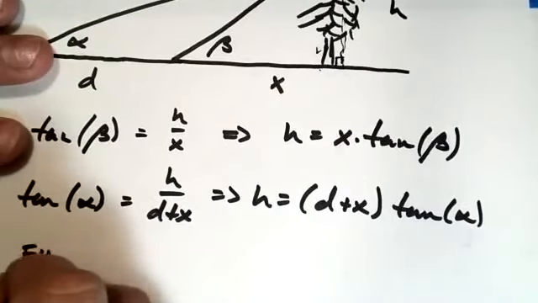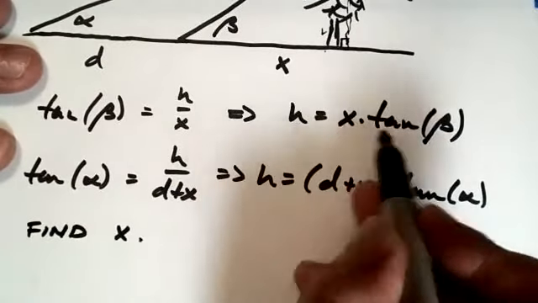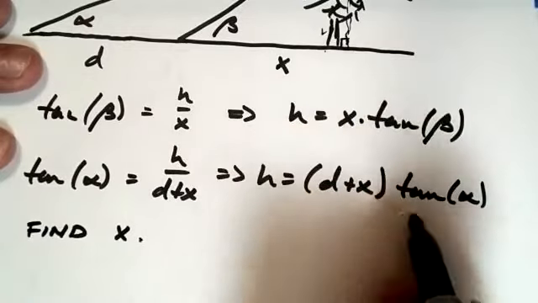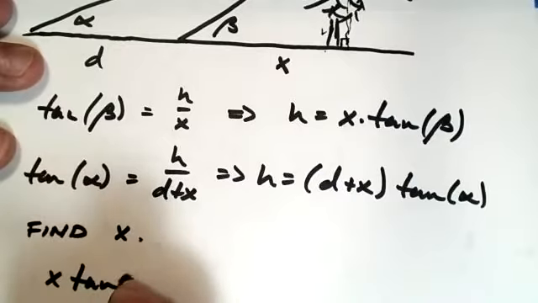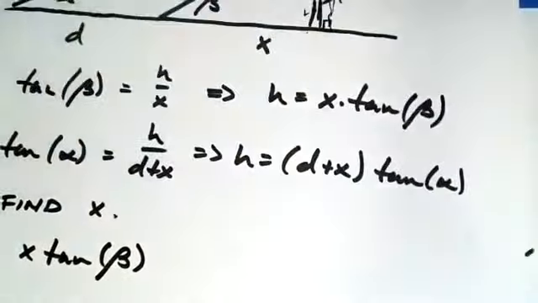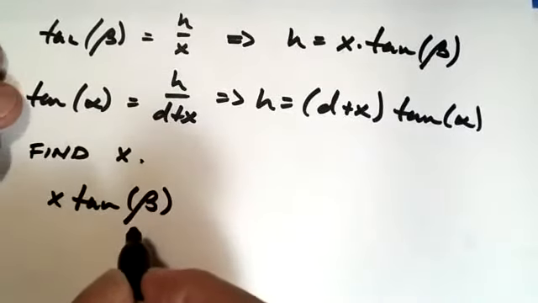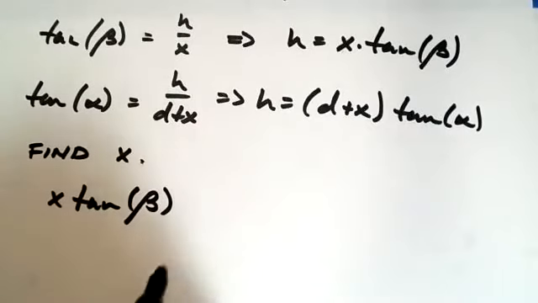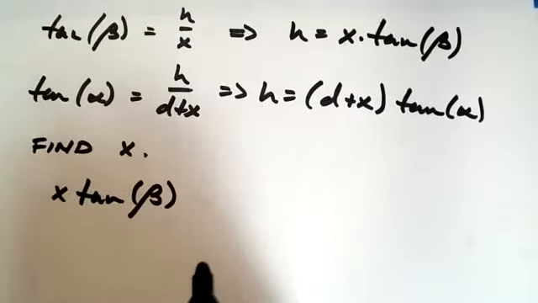So first, find x. How I'm going to do it is by saying the right-hand side of this equation is equal to the right-hand side of that equation. So x times tangent of beta, which is just some number. I know what beta is, so I know what tangent of beta is as well. And the point is not to calculate it. It's to find a nice compact formula where I don't have to do that over and over again.